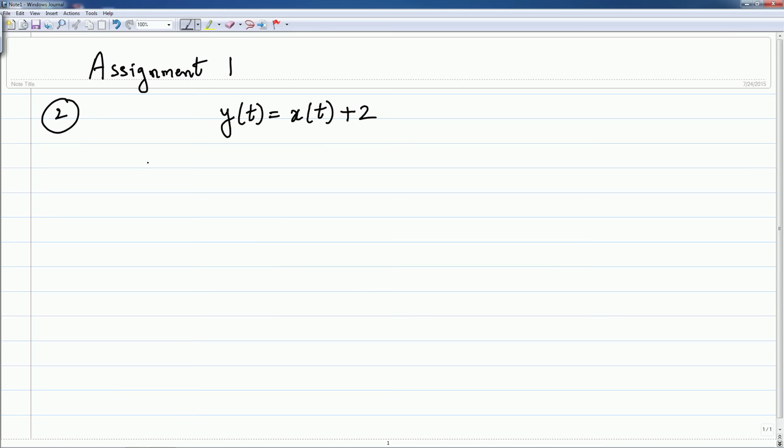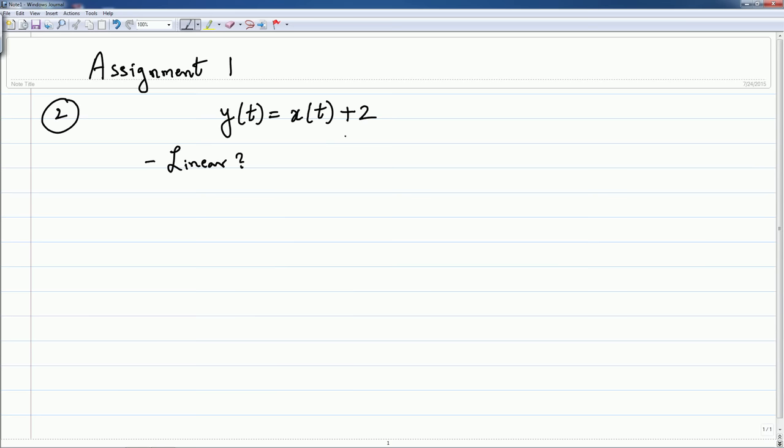So the question that is asked is, is it linear or non-linear? So how do you go about answering such questions? Here's a little tip. All problems in this class will be quite simple in a certain sense. There will be a certain definition for a property, and you will be asked to check whether that property is true.